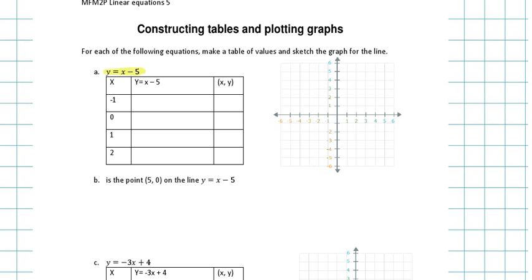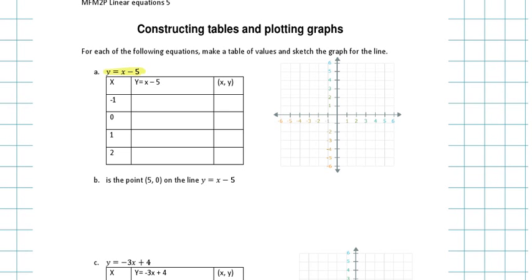I have to use the equation to find the y, given an x. So in this case, the x values that I picked are -1, 0, 1, and 2. You can pick any x values. You're not restricted to the x values.